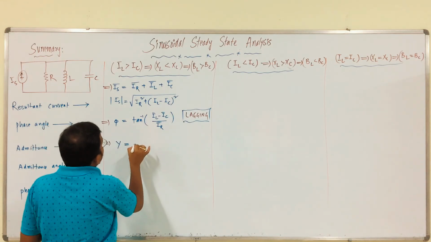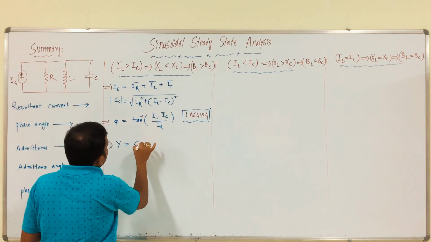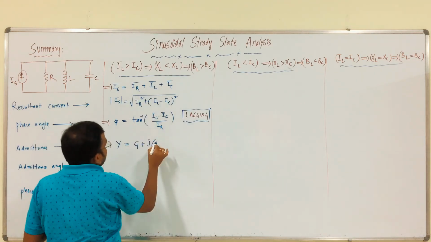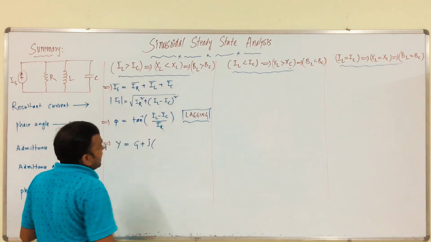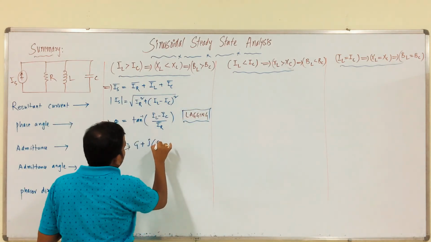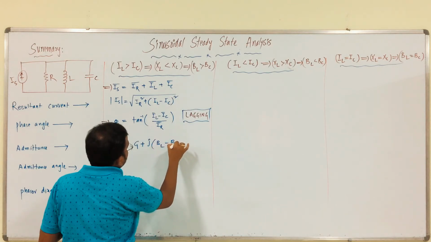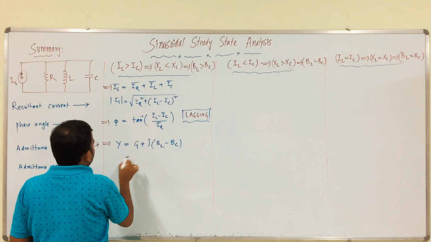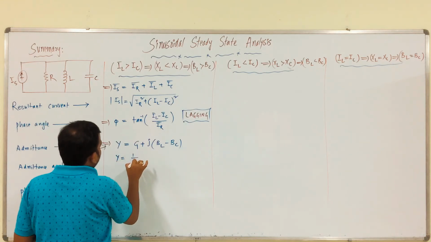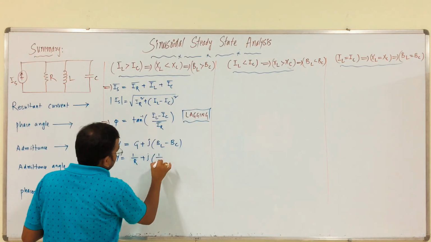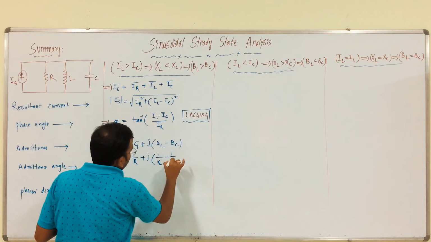So, this is what you can write: G plus j into, here IL is more than IC, see BL is more than BC, therefore minus, that is it. By default, you have to write like this. Okay. Therefore, we can write Y is equal to 1 by R, j into 1 by XL minus 1 by XC. Clear?